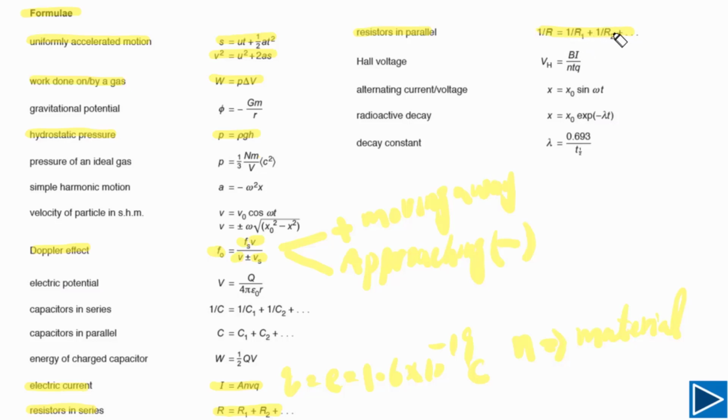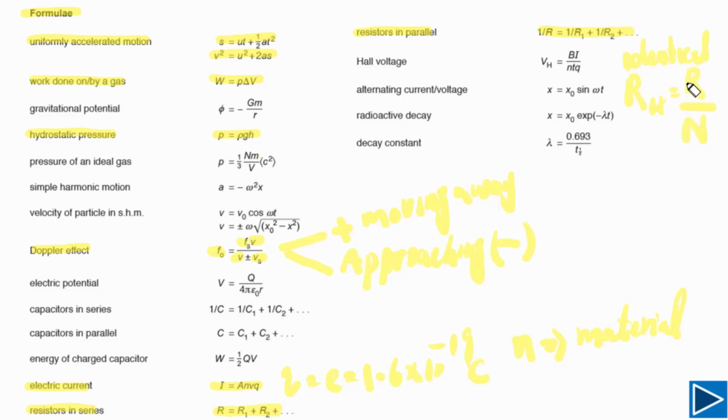If all the resistors are identical, the same resistors, then you can use one simple trick. For example, if there are 10 resistors connected in parallel and they are identical, then the total resistance is equal to the resistance of one resistor divided by the number of resistors. If resistors are identical and they are connected in parallel.